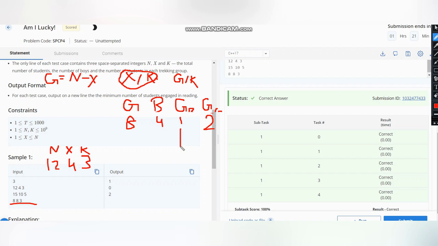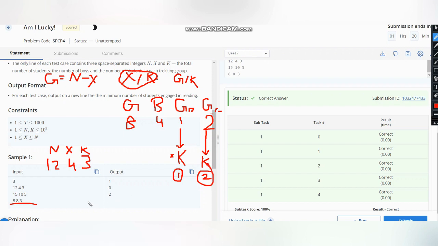So multiply this by K, similarly multiply this by K. After multiplying by K, you get how many boys and girls went into the groups. For calculating the remaining boys and girls, just simply subtract this. Let this be marked as 1 and this marked as 2.